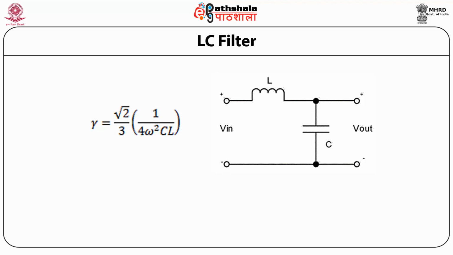But in this type of filter, it is independent of load resistance. That is, it is given by root 2 by 3 multiplied by 1 by 4 omega square CL.